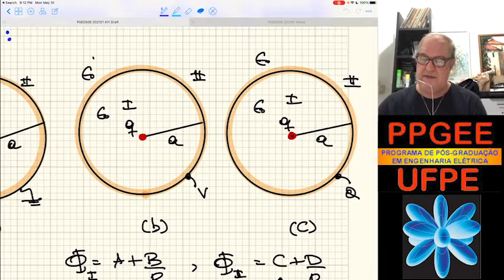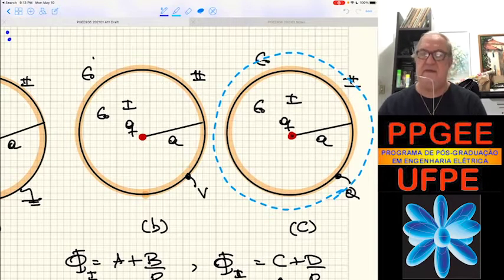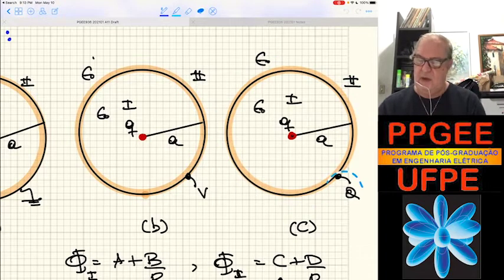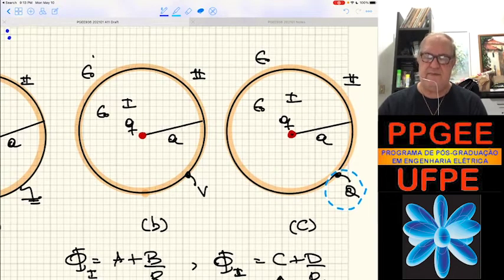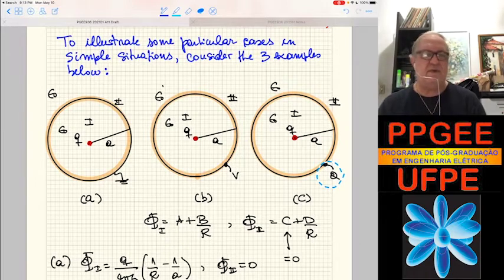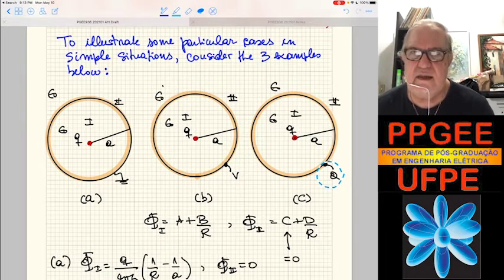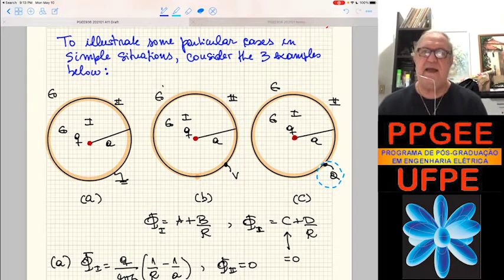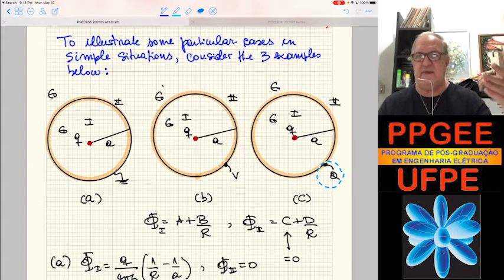You have a point charge, and you have a conductive surface, a shell, which is loaded with a charge Q, capital Q. So there are 3 different examples. They will serve for us to understand a little bit about what shielding is and how this is going to reflect as we advance on the method of images for curved surfaces.